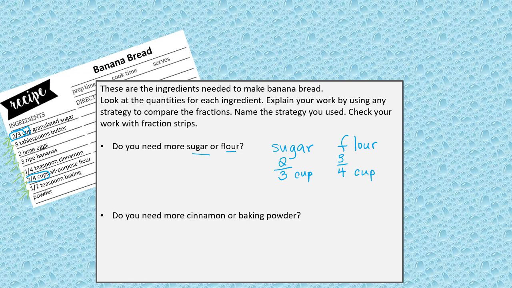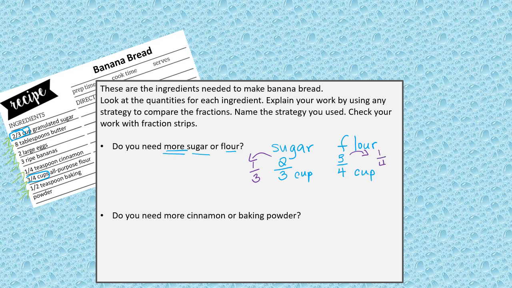Can we use the missing piece strategy? We can. If they're asking us which one is more, then we want to find the missing piece that's the smallest. So let's change colors. Okay, so what would the missing piece be for 2/3? It would be 1/3. What would the missing piece for 3/4 be?